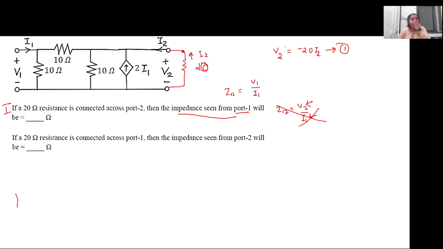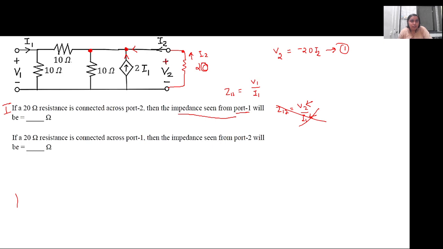Now we can either apply KCL or KVL as per our convenience and solve the circuit. In this case, this is the same node, a big super node. So 2 I1 current is flowing here, I2 current is flowing here.